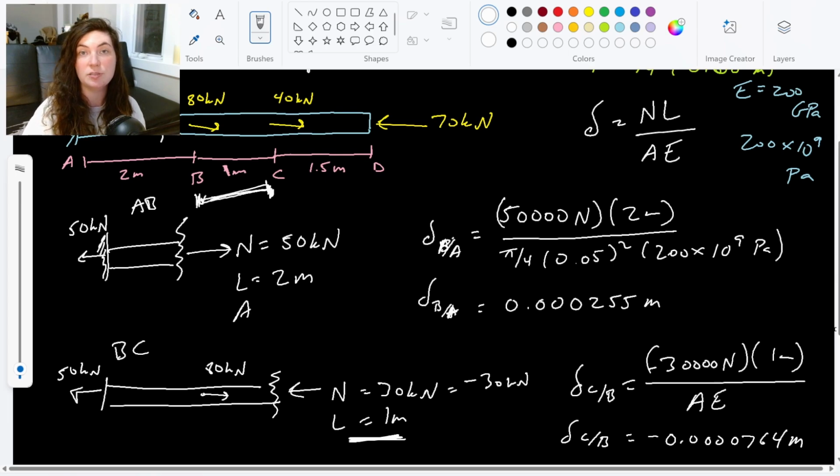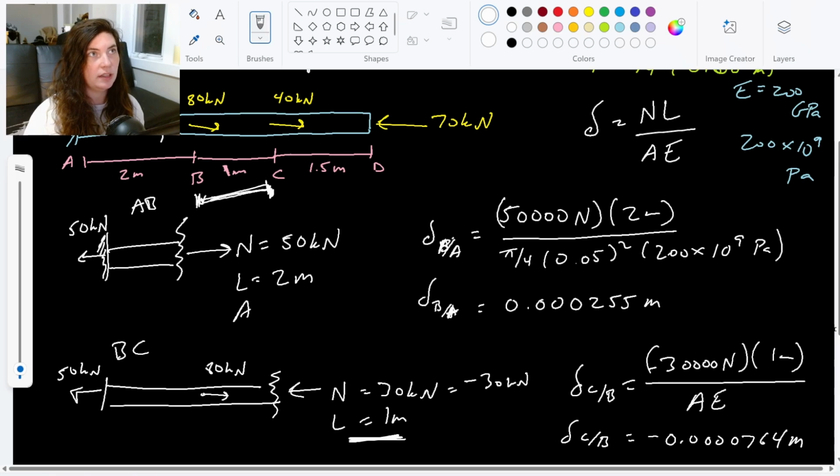Again, that section is being compressed. So now even though B is moving outwards, point C is actually moving inwards, right? So they have these almost competing goals. The sections are moving in different directions, and we won't know till the end how the whole bar is moving together.